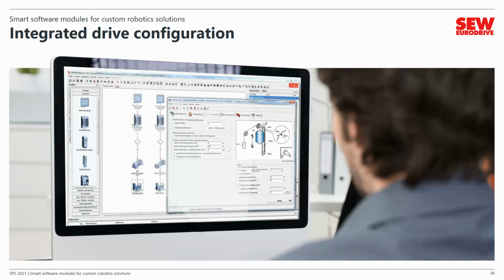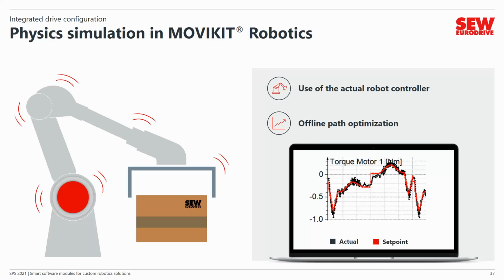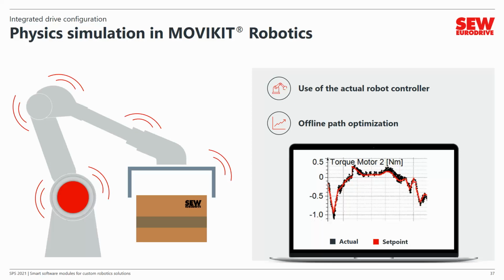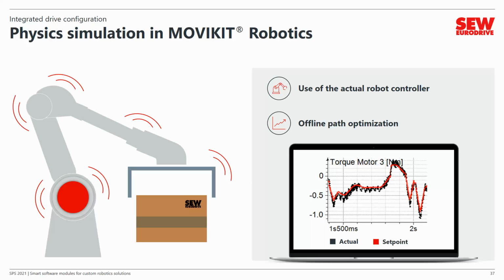With the aid of the integrated drive configuration, the required torque curves for precisely this motion sequence can now be determined, for example. We deliberately use exactly the robot controller with the motion algorithms that are also used in the actual controller of the robot, so that the selected drives are then also really suitable.